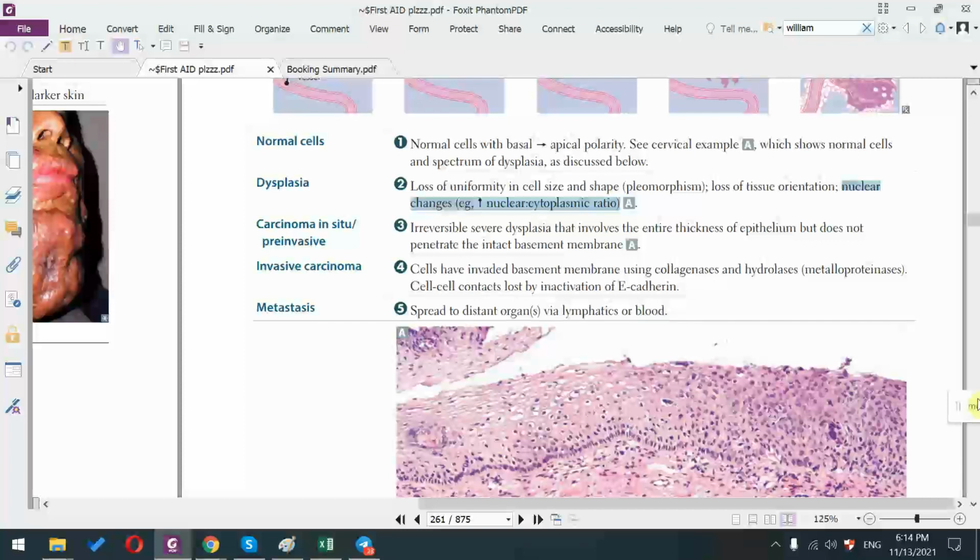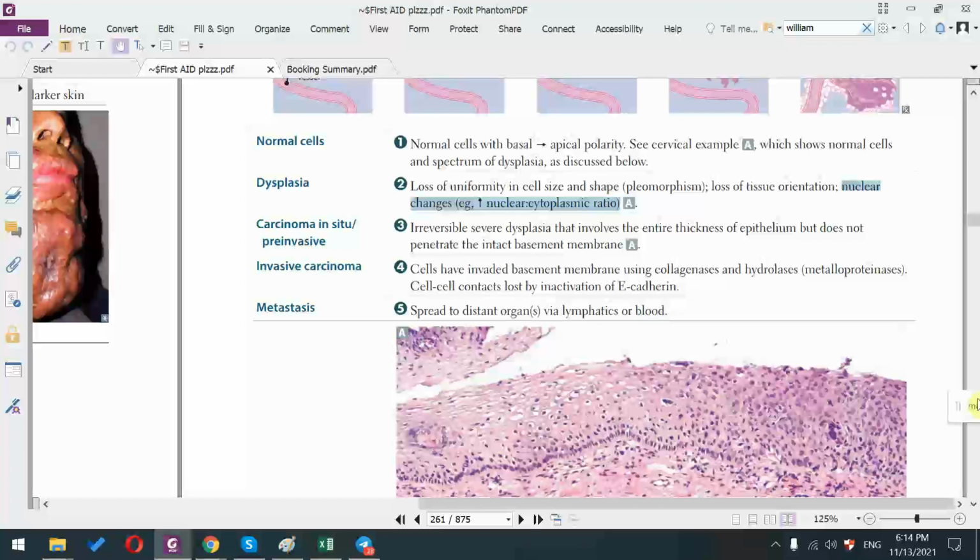The question will be why there is an increase in the nuclear cytoplasmic ratio. The reason is that if you are going to make cancer cells, do you need more nucleic acid material or less? You need more DNA or less DNA, basically. Do you need more DNA? Yeah, you need more, obviously.